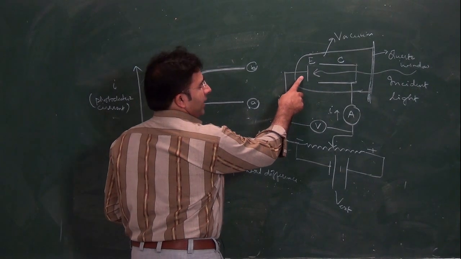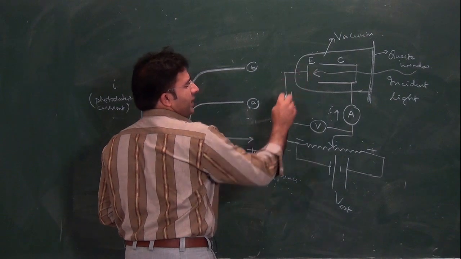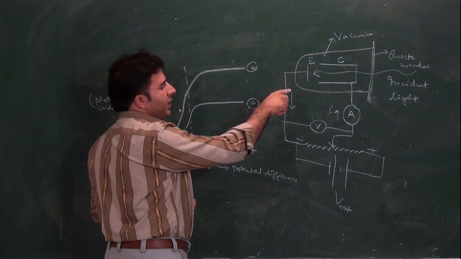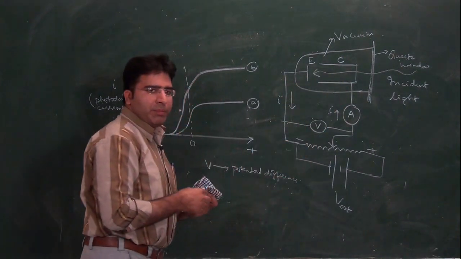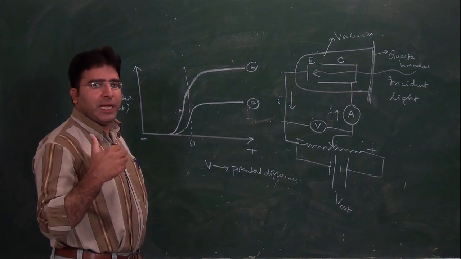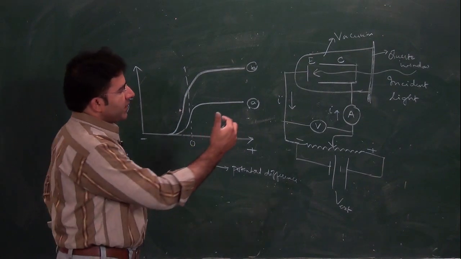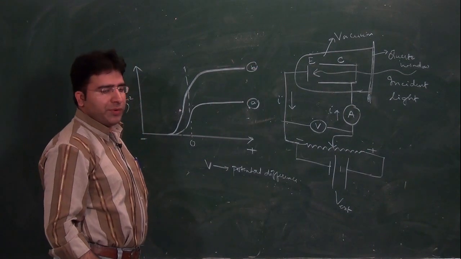Because when the emitter is negatively charged, when an electron is extracted by the light, that negative charge of the emitter will push the electrons and the positive charge of the collector will pull them. Therefore, the voltage applied across emitter and collector helps the collection of electrons by the collector and helps the flow of photoelectric current.